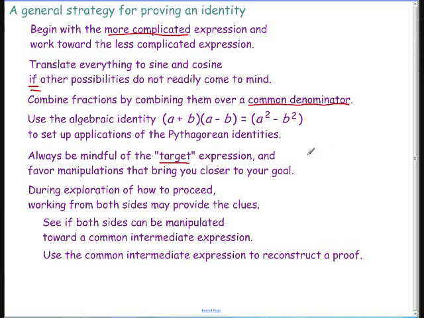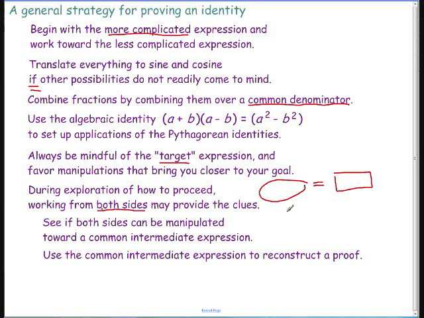Do not expect to see the path ahead of you clearly from the start. If you expect that, you're going to be so frustrated. Just get going and try things. If you are not making much progress, one thing you can do is work from both sides. So ordinarily we say, okay, we'll work with this one until we get it to look like this one.